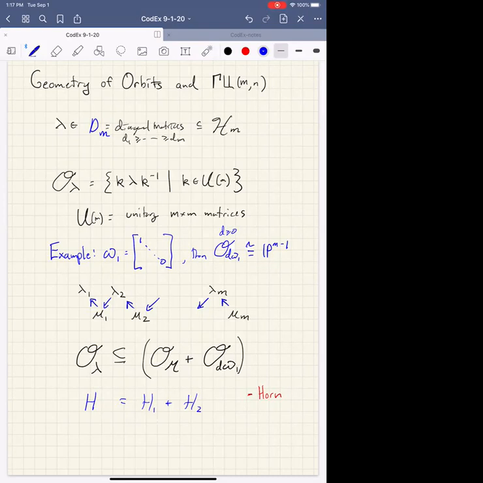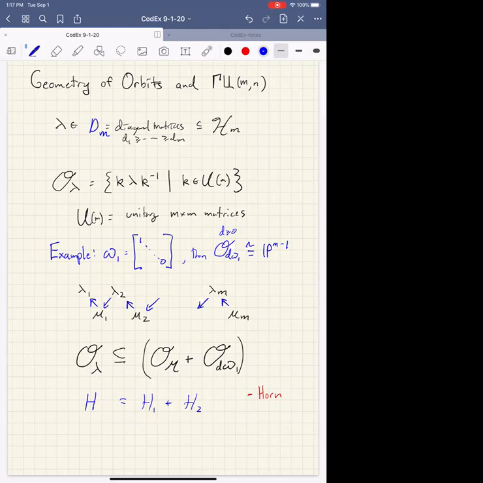Okay, so there's some nice geometry here in these orbits, but really what's going on is we're just looking at diagonalizing matrices. So in this context, when you have an interlacing relationship, like on the previous slide, what it encodes is a containment relation between orbits.